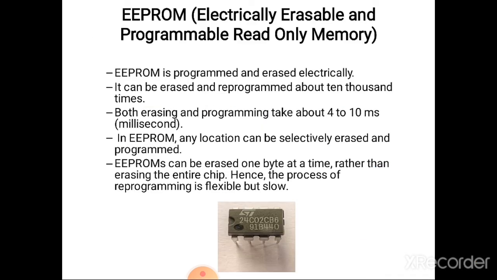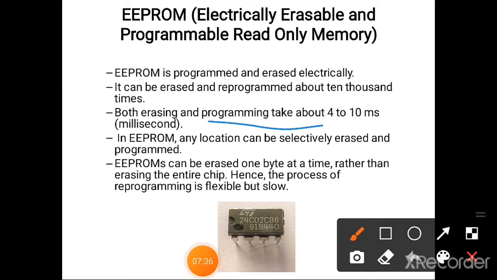The next one is EEPROM, electrically erasable and programmable read-only memory. Here it is programmed and erased electrically. It can be erased and reprogrammed about 10,000 times, and both erasing and programming take about 4 to 10 milliseconds.